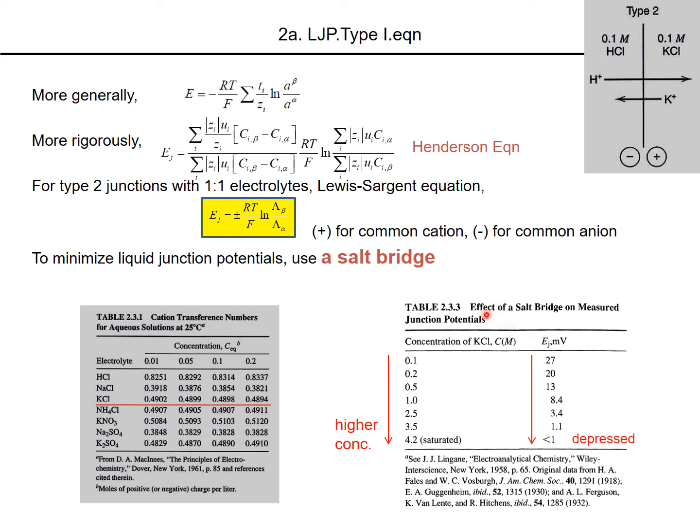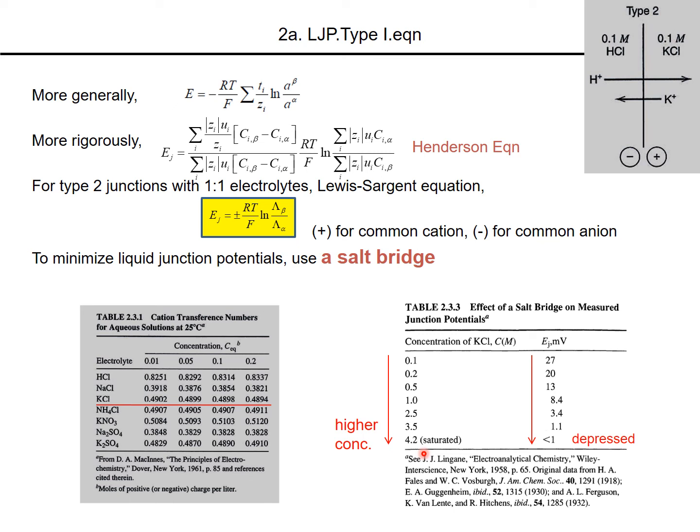Here is the effect of a salt bridge on the measured junction potential. I have varied the concentration of KCl in the salt bridge. We are going from 0.1 molarity of KCl to a higher concentration, 4.2 molar KCl.